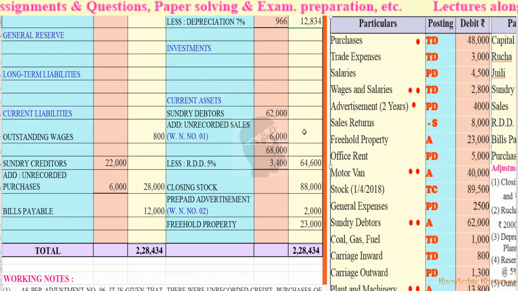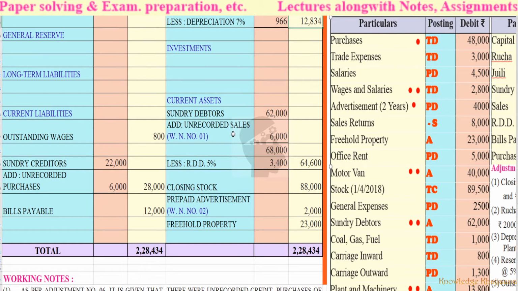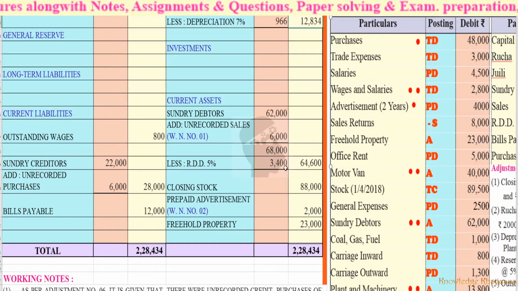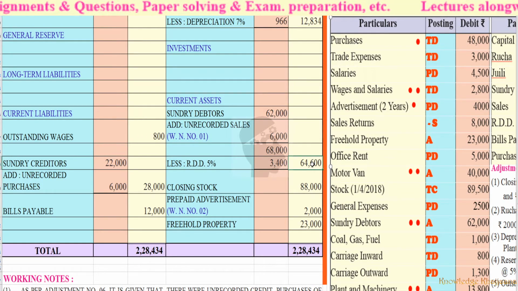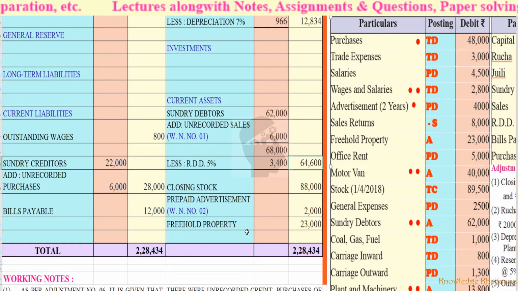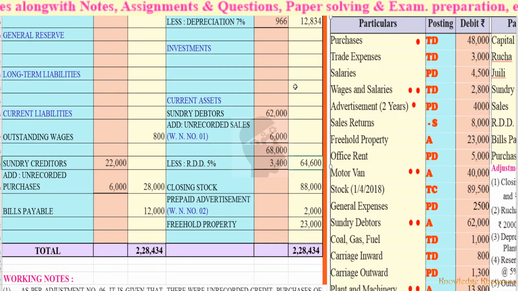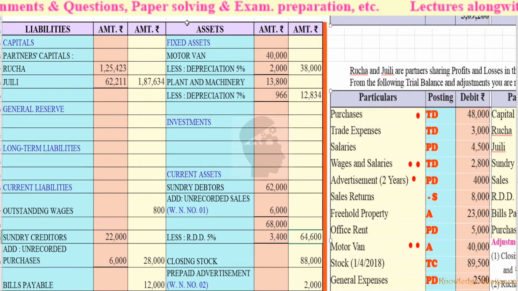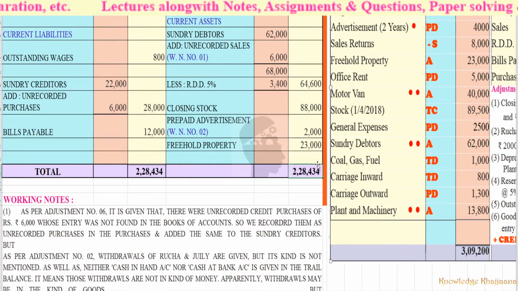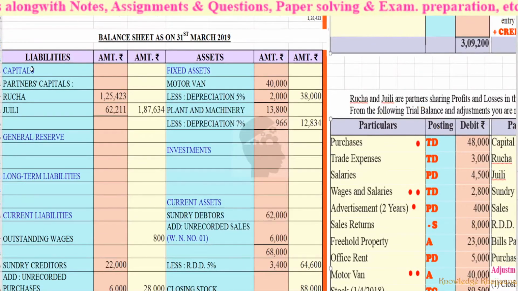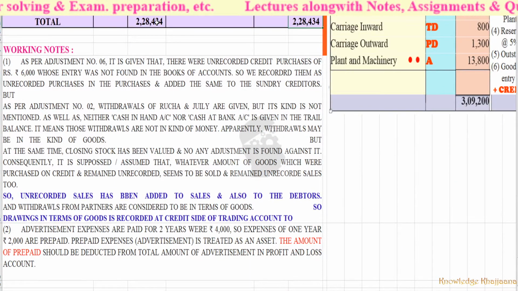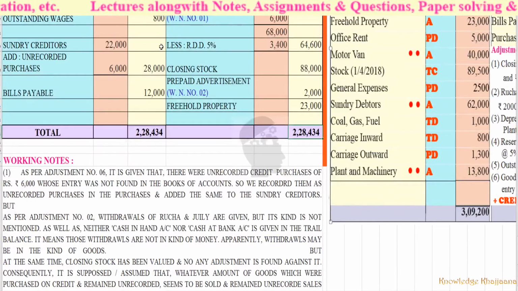Current assets, sundry debtors after adding unrecorded sales and deducting the RDD, we have taken the final value of sundry debtors to the outer side. Closing stock we have taken, prepaid advertisement we have taken, and freehold property we have taken. So the total of the asset side of the balance sheet is rupees 2,28,434, and the total of the liability side of the balance sheet is the same, 2,28,434. Very good.